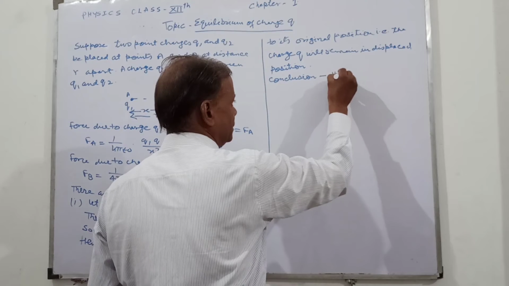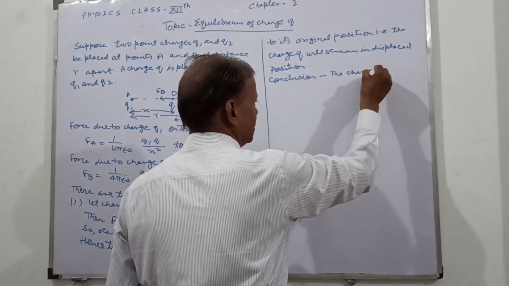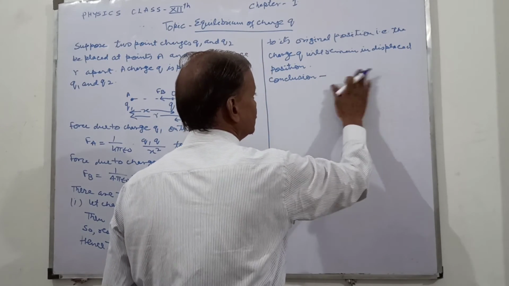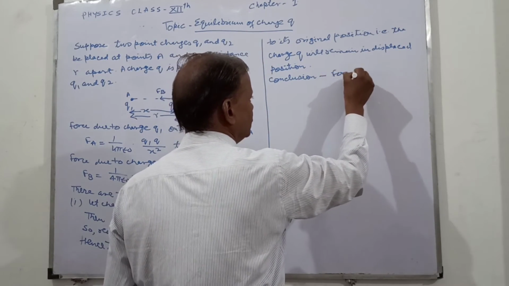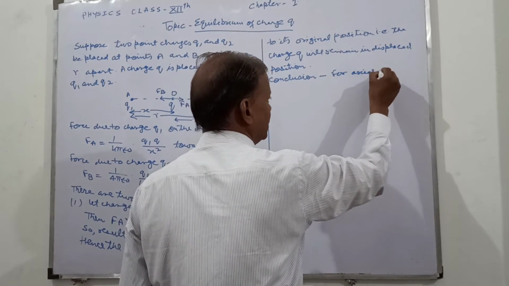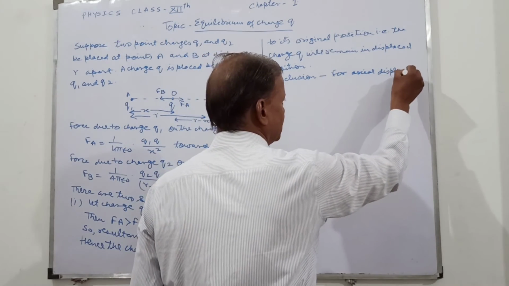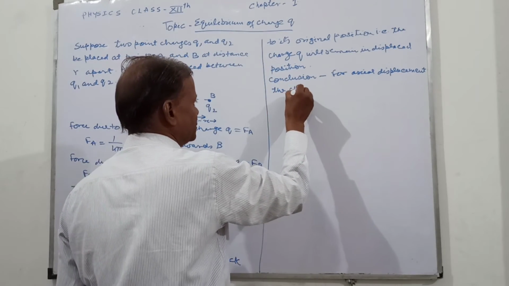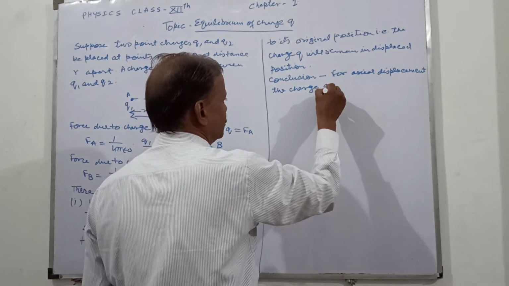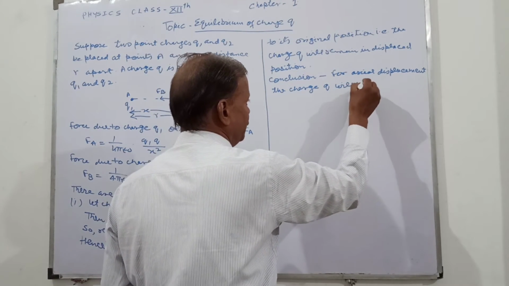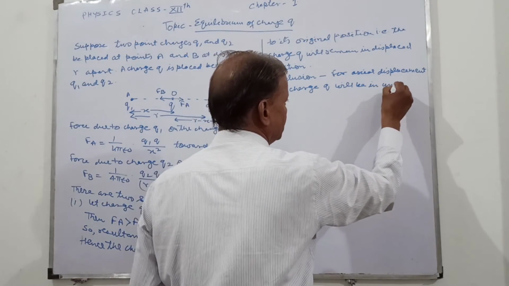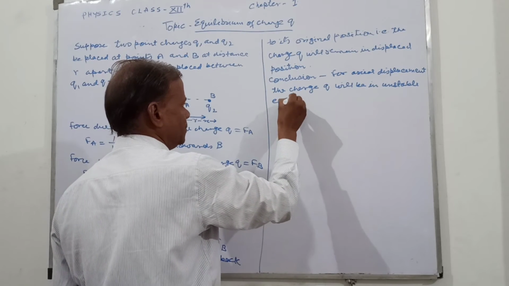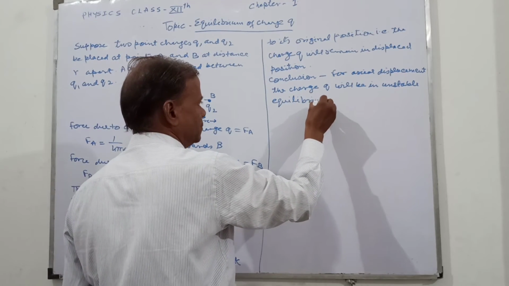Conclusion: for axial displacement the charge Q will be in unstable equilibrium.